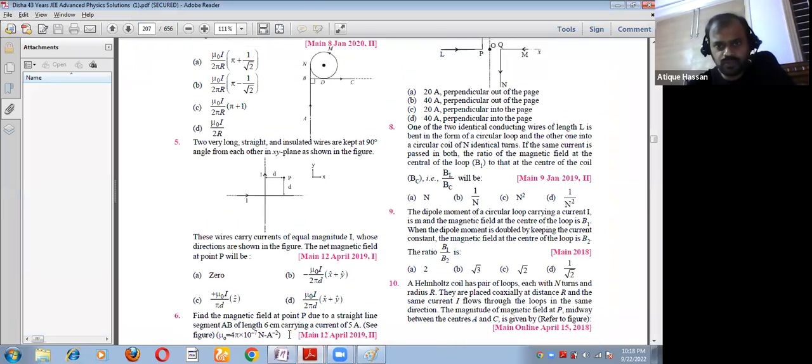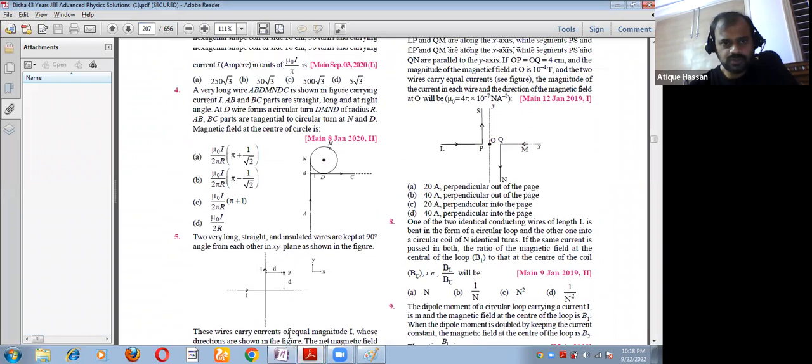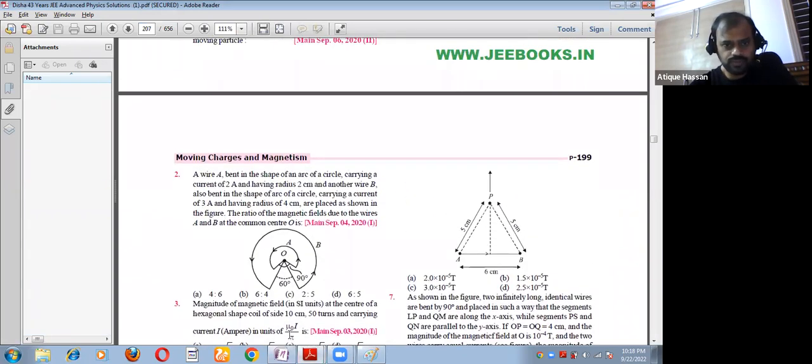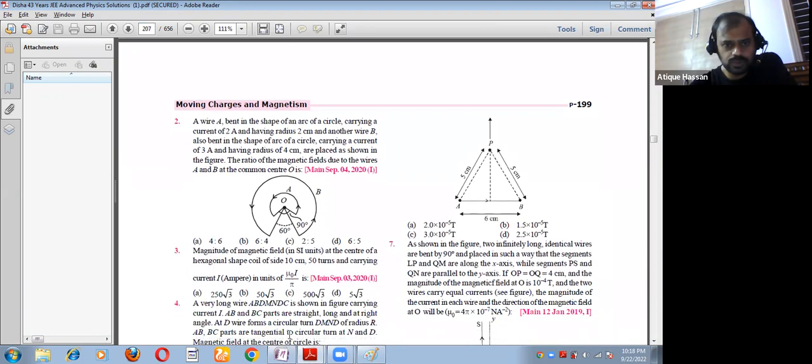Let us see one more question in this segment. So I will solve. Can all of you try this question number 2? Give it a try.